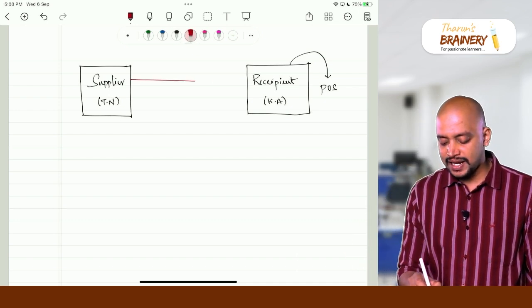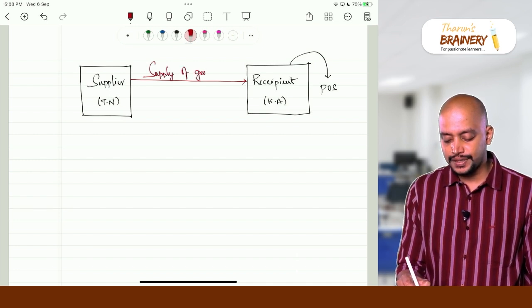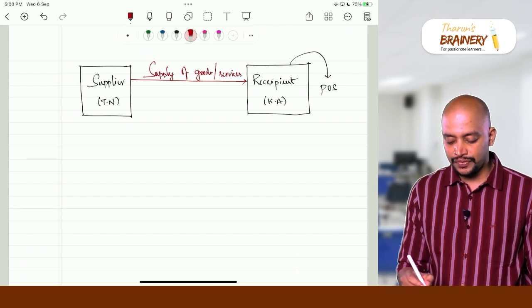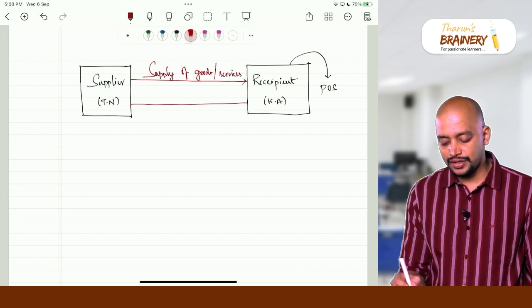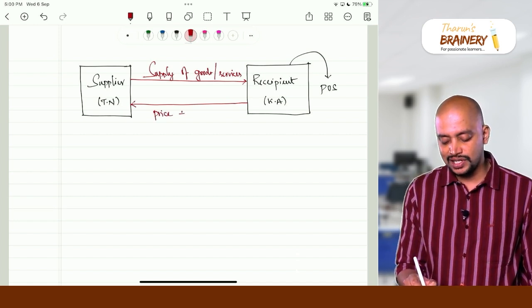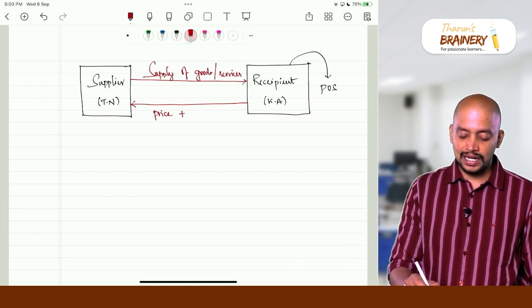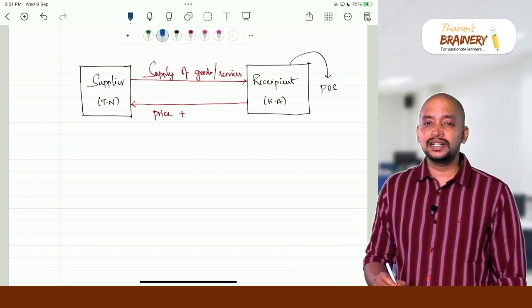Now the supplier is making some supply of goods or services, for which the recipient has to pay what? Price plus GST, which depends upon whether it is intrastate or interstate. It is interstate. Why interstate?